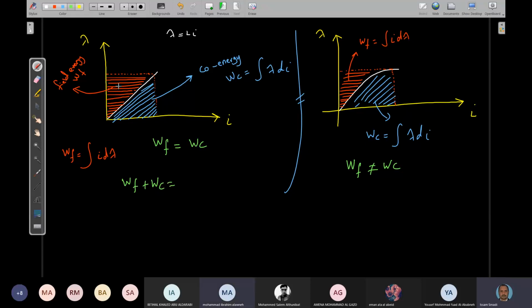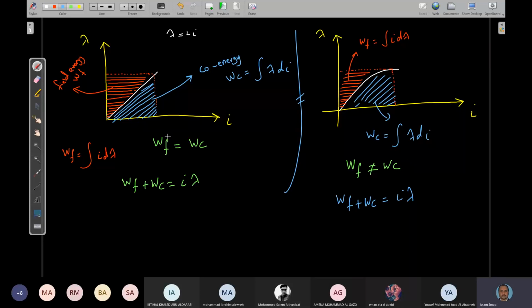If I add this area to this area, then this is equal to the area I lambda. And the same thing here, if I add omega f plus omega c, it's still applicable. It is I lambda, correct?